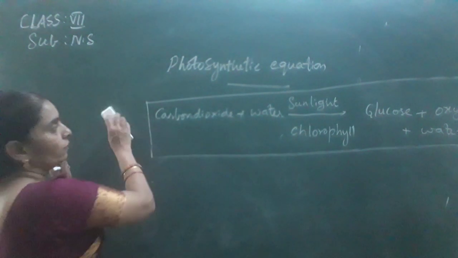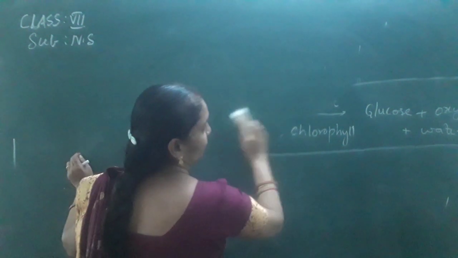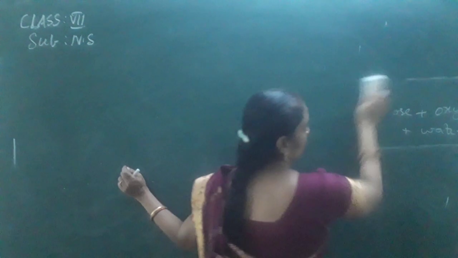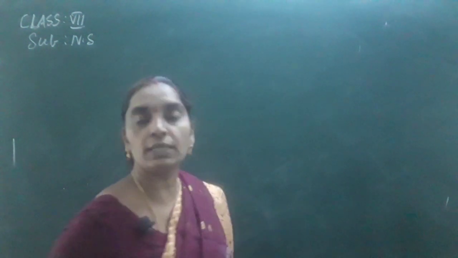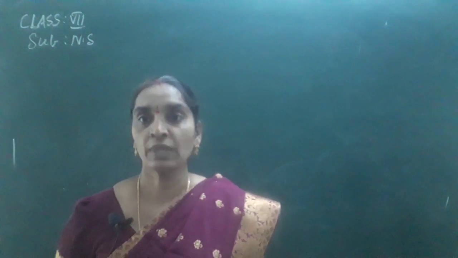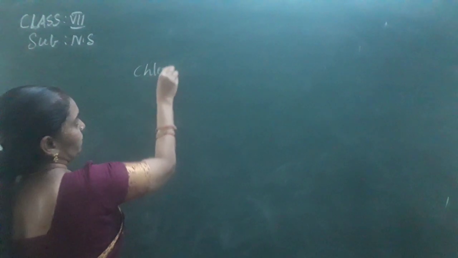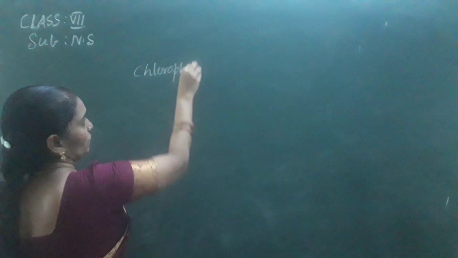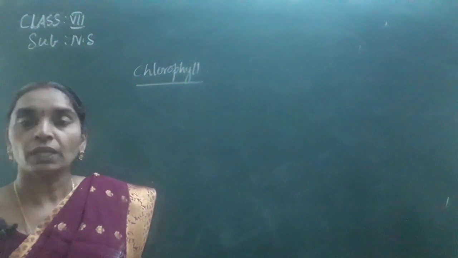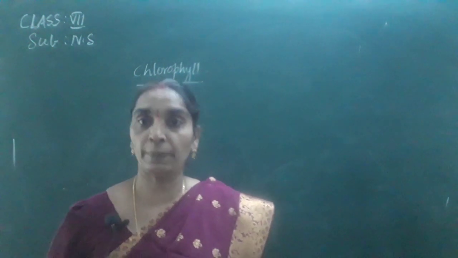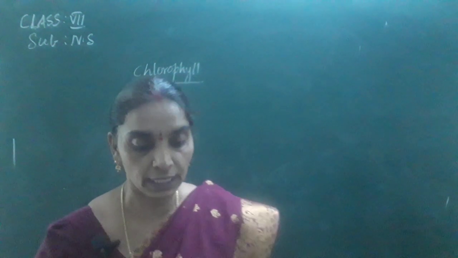Okay, so first of all, about chlorophyll. Plants use chlorophyll, isn't it? So chlorophyll present in the leaves helps in the preparation of food for the plants. How does it happen? We'll see now. Chlorophyll, the green pigment, is present in the leaves.